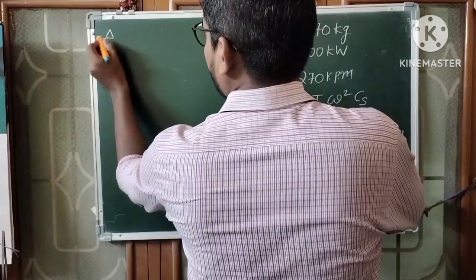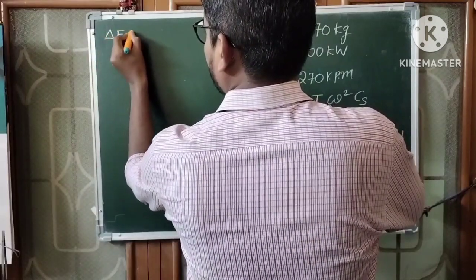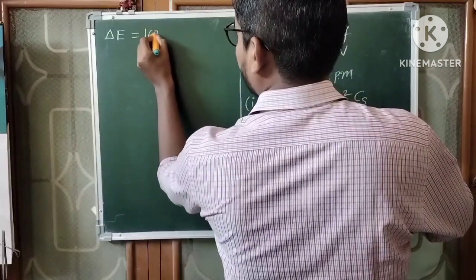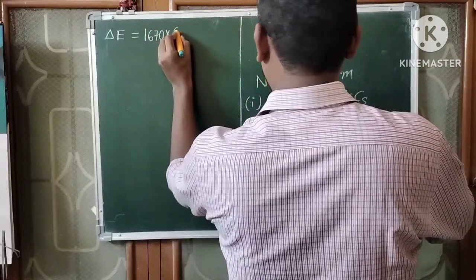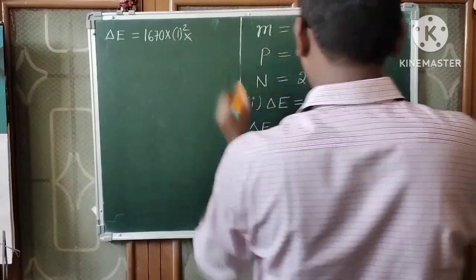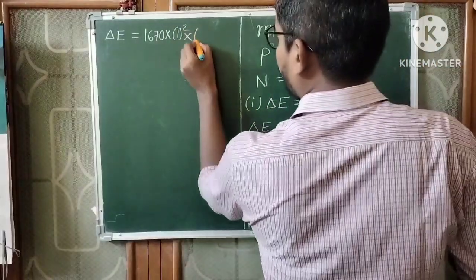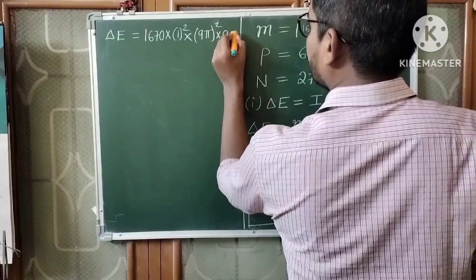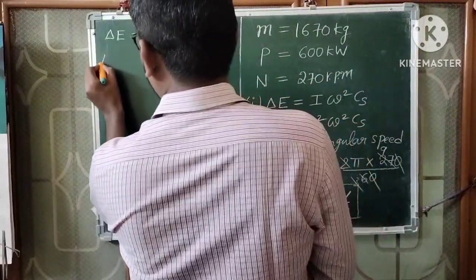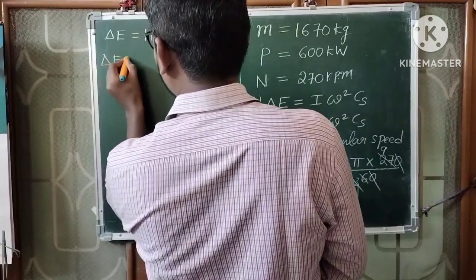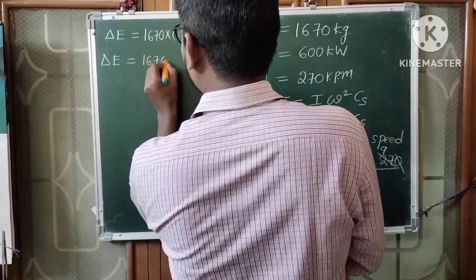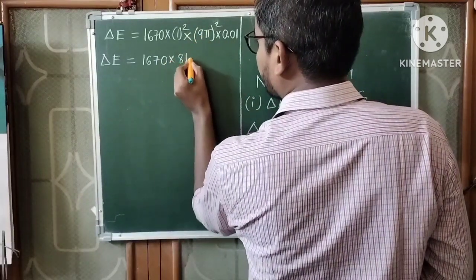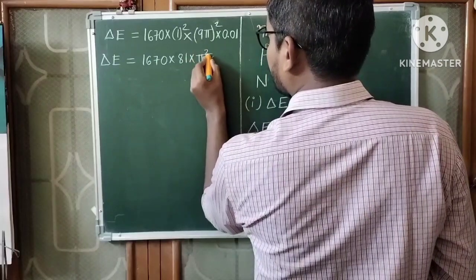So delta E is equal to mass of flywheel 1670 kg and radius of gyration 1 meter, so 1 square into omega square. Here omega how much? 9 pi. So 9 pi whole square into CS. CS value 0.01. Now delta E is equal to 1670 into 9 square into pi square, 9 square means 81, into pi square into 0.01.